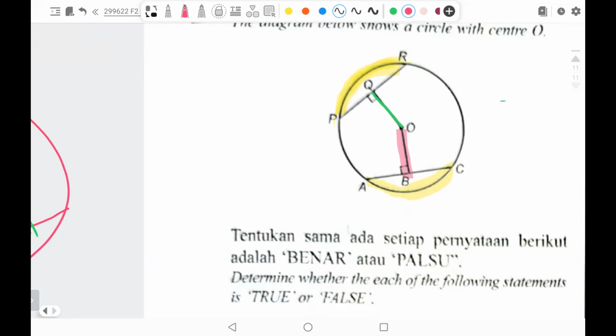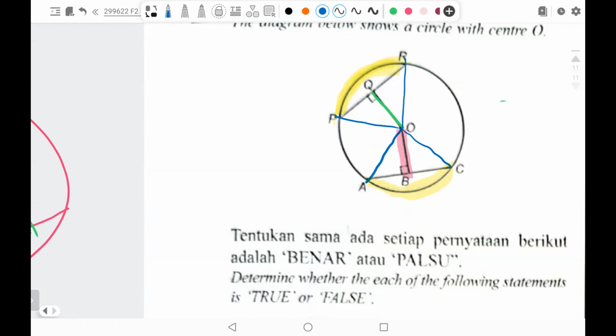Is OB a radius of the circle? No, of course it's not, because it should be at the longer side. A radius must be from the center touching one point at the circumference. So radius would be from here to A, to C, or maybe to R, to P. All the blue color lines are known as radius.